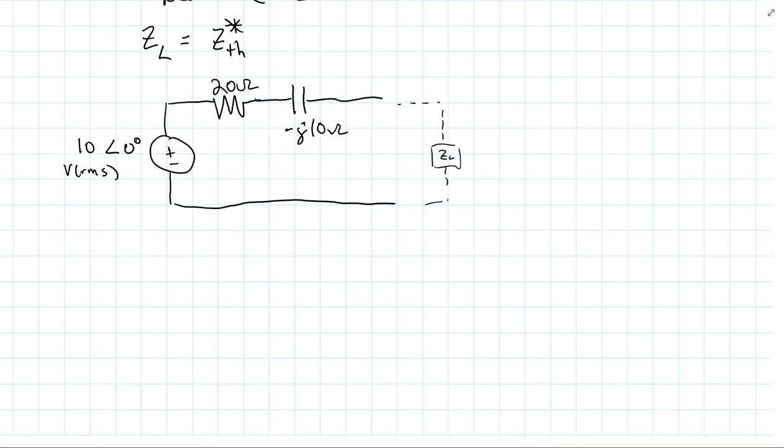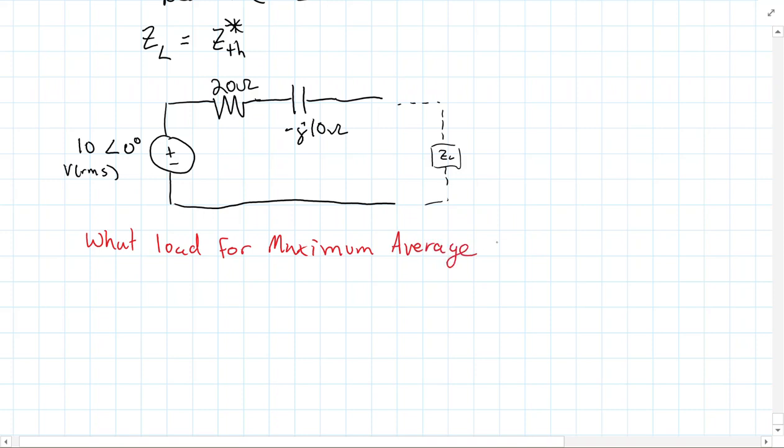So we're going to say what load for maximum average power transfer. So what load should I put on there for maximum average power transfer?